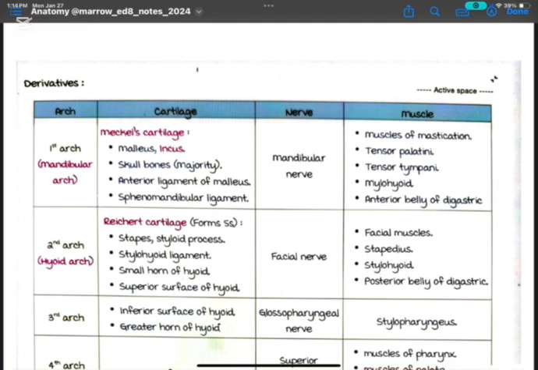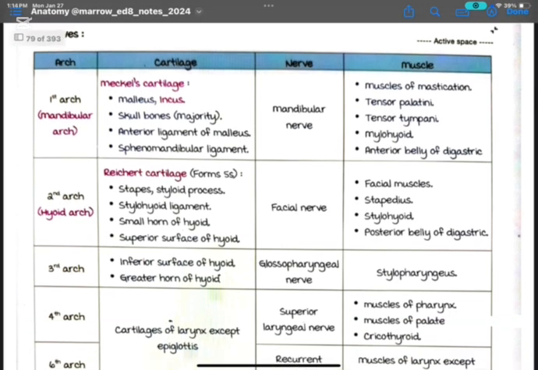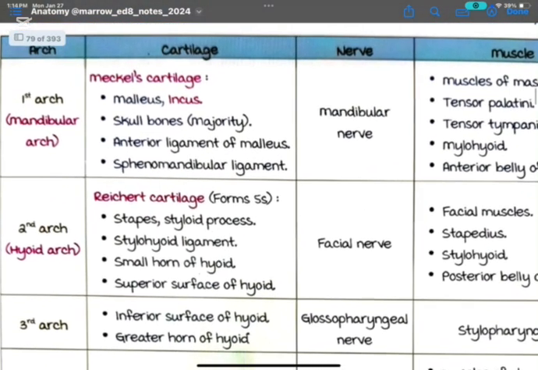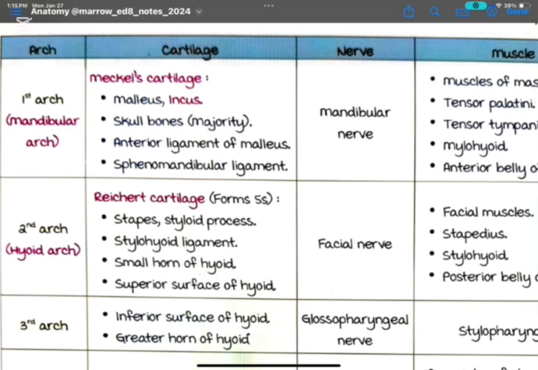Muscles: muscles of mastication, tensor palatini, tensor tympani, mylohyoid, anterior belly of digastric. Second arch, hyoid arch. The cartilage of the hyoid arch is Reichert's cartilage, which forms 5 S's.